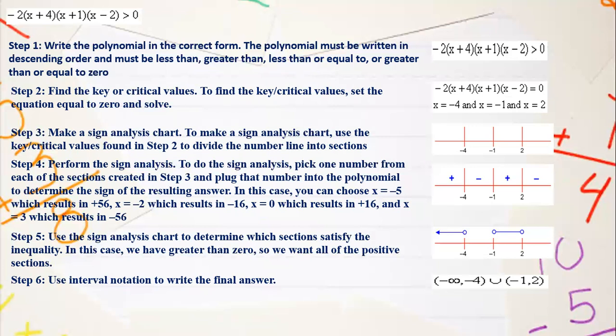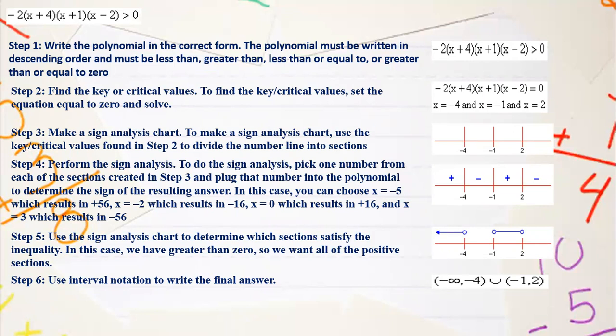Then in step 4, we pick the signs by solving them. In this case, we can choose x = -5, which results in +56. x = -2 results in -16. x = 0 results in +16, and x = 3 results in -56. So we put the signs there, and then step 5 would be to use the sign analysis chart to determine which section satisfies the inequality.